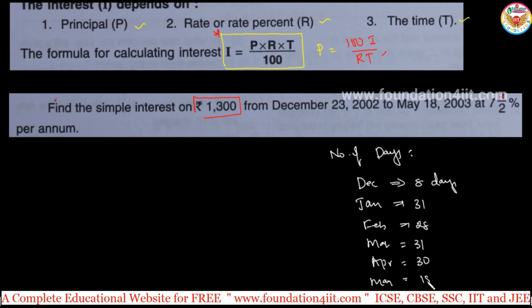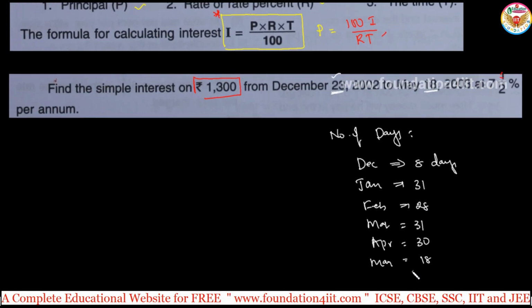The 18th also will be counted, but the 23rd is not counted, remember. So 24th onwards, 8 days. By adding the total we get 146 days.